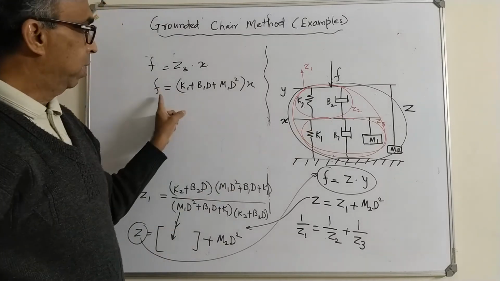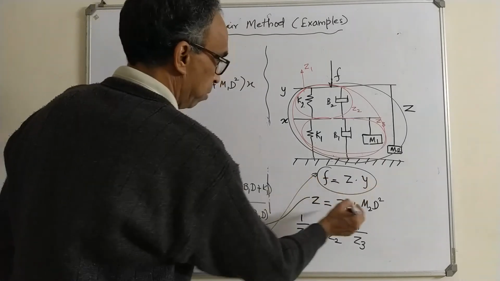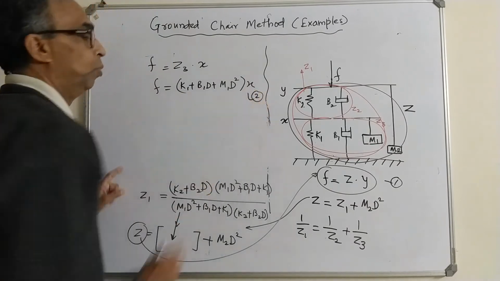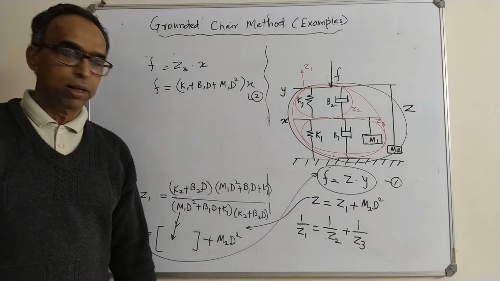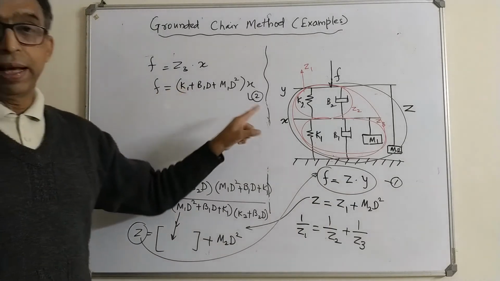So I get the relationship between F and X. The earlier equation gave me the relationship between F and Y. This was equation number 1 and this is my equation number 2. The second answer also I got.